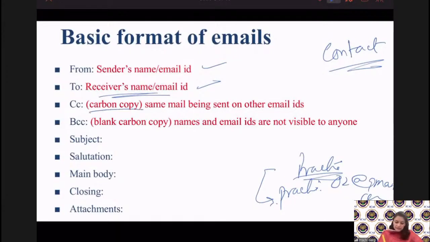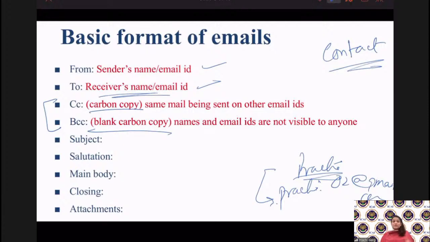Now, what is CC? CC is the carbon copy. As the name suggests, you are sending the same email to other people also. BCC is blind carbon copy. In both the cases, you are marking other people also so that they can also see the email that is being shared.